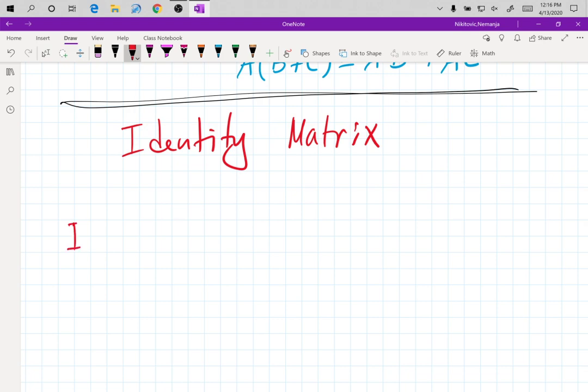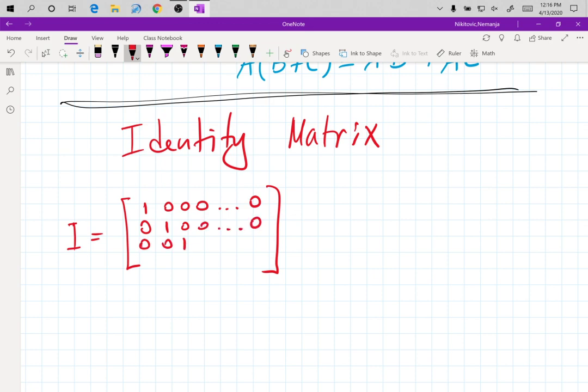You'll be sick of this one. It's 1 and then all zeros. And then 0, 1. And then all zeros. 0, 0, 1. All zeros. And then if you go down, it's all zeros, ends with 1.